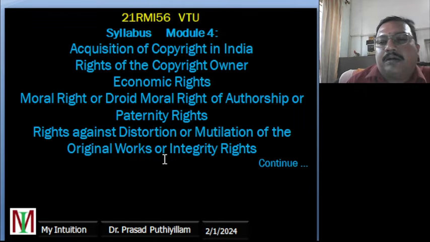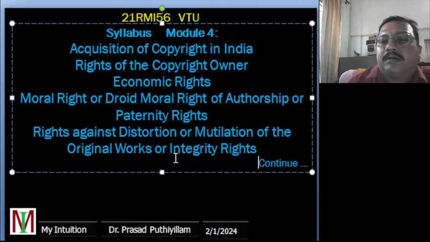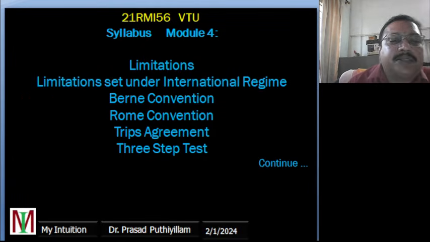Then limitations: what limitations come under that, and what limitations are covered under the international regime like the Berne Convention, Rome Convention, TRIPS, and the three-step test, explained under module 4.